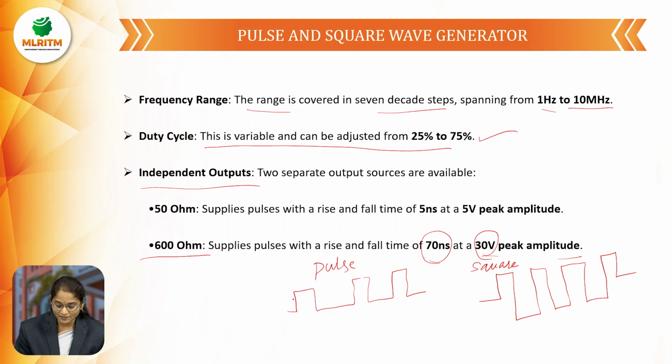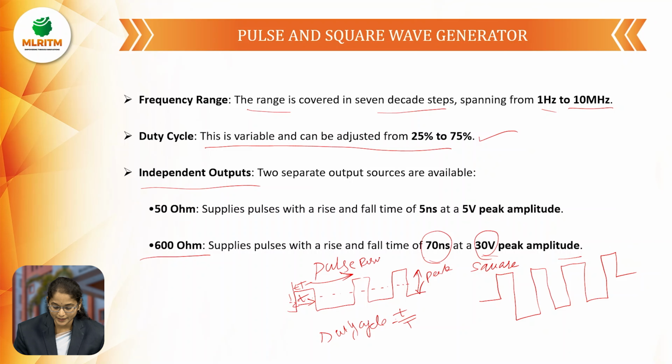If we calculate the average here, this is the peak value, this is the average, and this is the total time period. This small t is the pulse width. The duty cycle of the pulse is pulse width divided by pulse period.